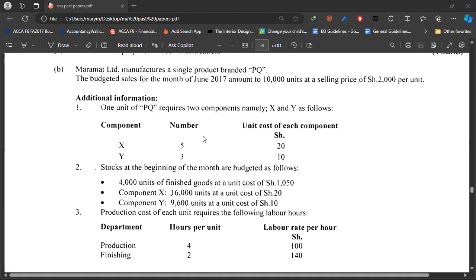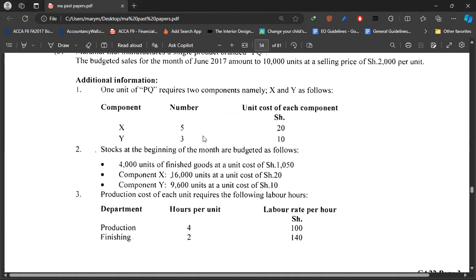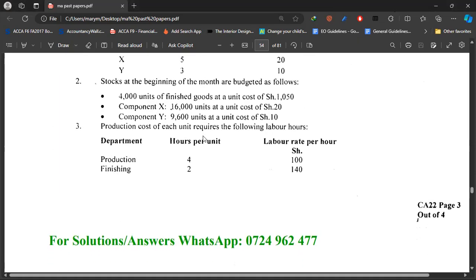Stock at the beginning of the month are budgeted as follows. 4,000 units of finished goods at unit cost of shilling 1,050. Component X, 60,000 units at unit cost of shilling 20. Component Y, 9,600 units at unit cost of shilling 10.